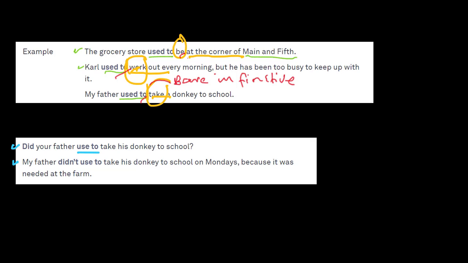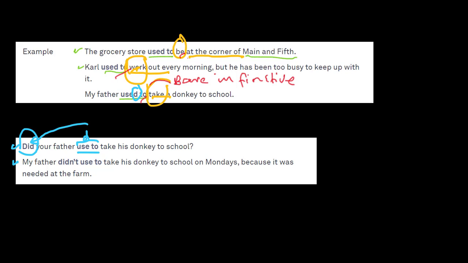We don't have the letter D, right? Right here, we have the letter D. But whenever we have the interrogative sentence, the letter D is moved to the did, the auxiliary that we need to form an interrogative. So used to here is without letter D. Pay attention to that.